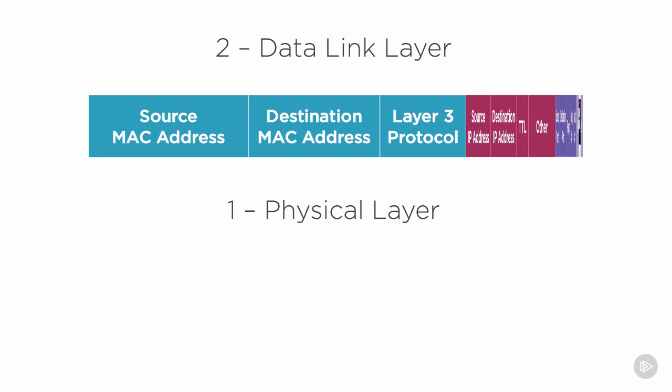So encapsulation is a cornerstone of data networking. For this, what we need to know is exactly what's happening at each layer of our OSI model, so that we can identify the segment as a layer 4 function, transport layer, the packet as a layer 3 function, network layer, and the frame as a layer 2 function, or data link layer.